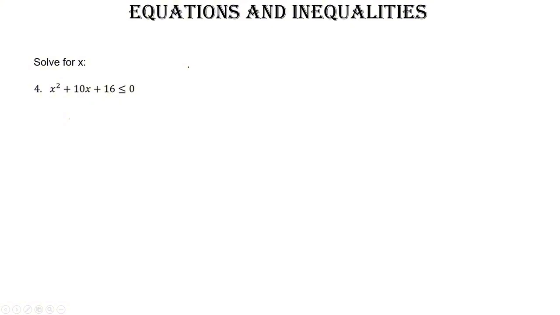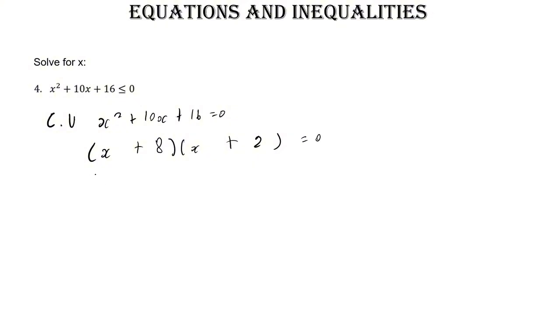We're given that x squared plus 10x plus 16 is less than or equal to 0. So collect your critical values. X squared plus 10x plus 16 is equal to 0. Factor out x and x. You have 8 and 2. Both will be positive and make it equal to 0.